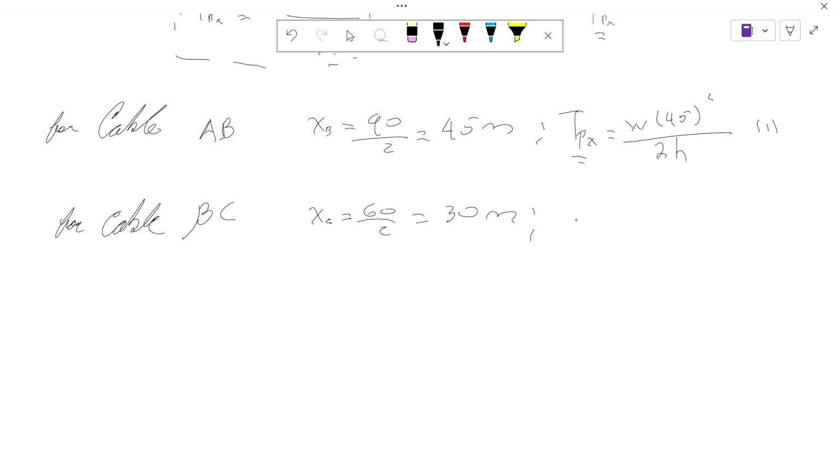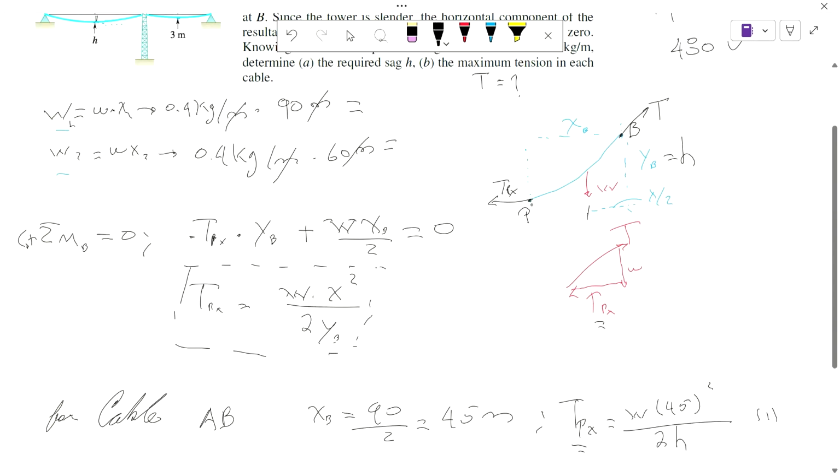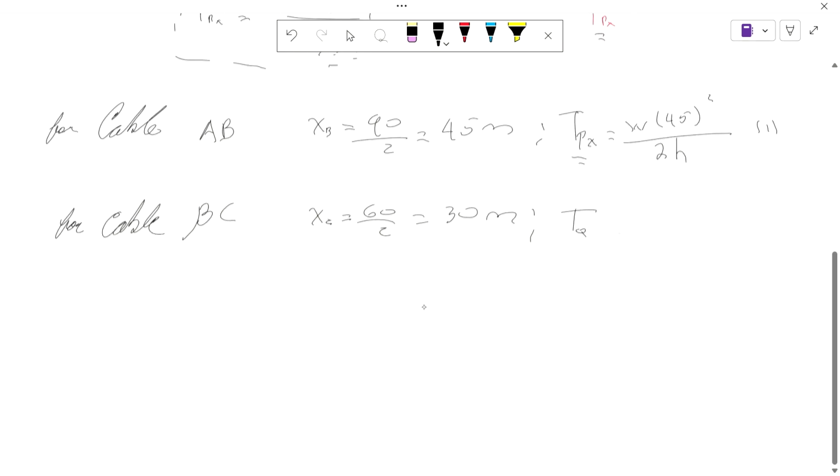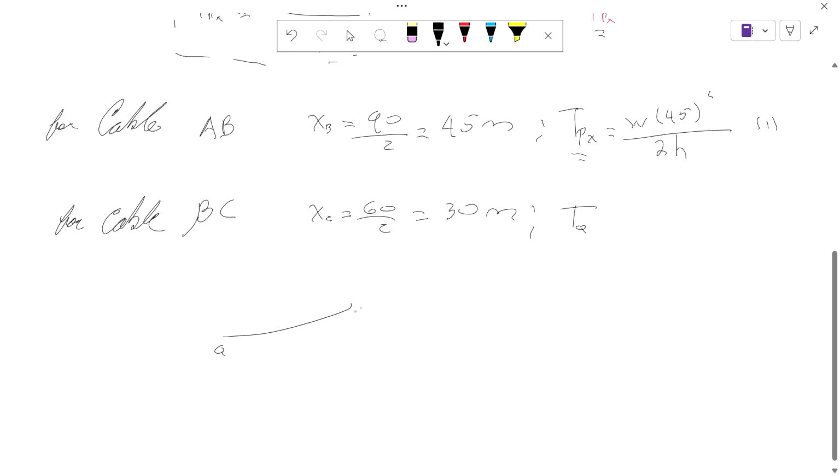And then we do the same thing. So TP, let's call this point Q. It will be the same concept, but from a point Q to C. This is going to be Q and C, and there's a new H or a new YB, and this is XC. XC is 30. So the tension at point Q, the horizontal component, and there's a W2.